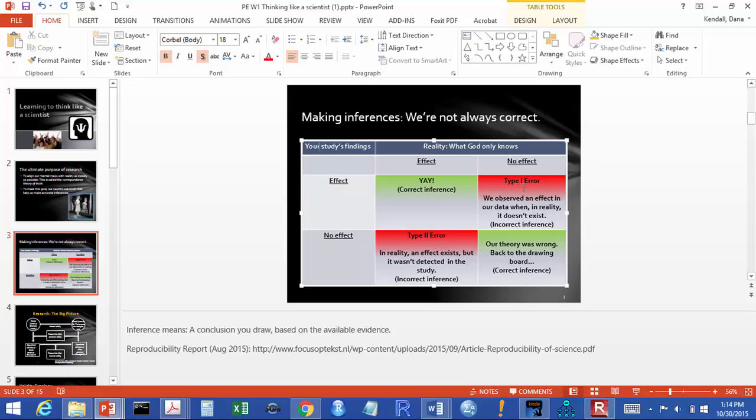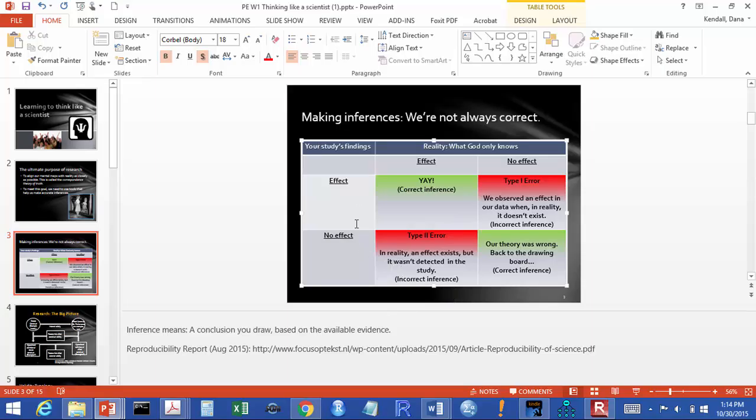I guess random assignment is more pertinent to the type 1 one, but for type 2 it's going to be precision of measures, it's going to be range restriction, it's going to be other things that impact this one. So Herman Aguinis says that basically what we have is a literature that is not picking up a lot of the things that are existing in reality. And so that's something to keep in mind, and I'm going to talk more about that in a second.